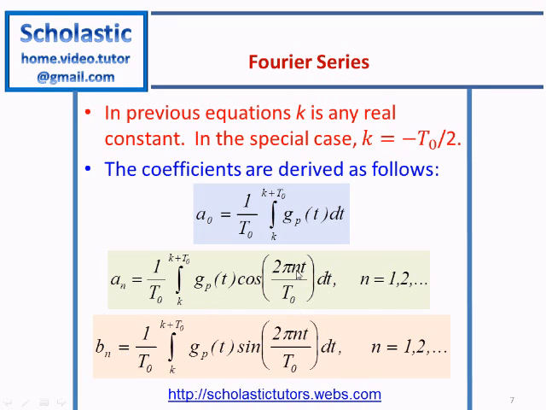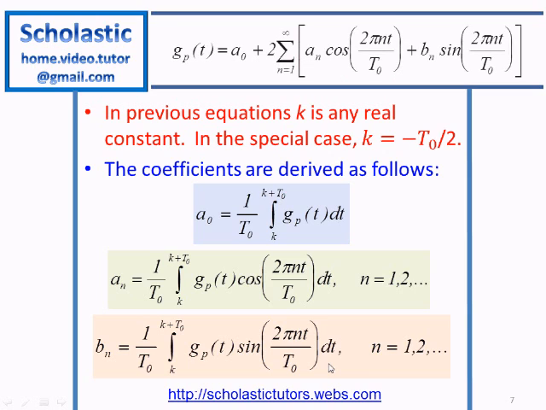And also we can write Bn as 1 over T0 times the integral from k to k plus T0 of g_p(t) sin(2 pi n t over T0), where T0 is the period of this signal. The values that you get here are the values that we saw earlier in the expression for g_p(t): A0, An, and Bn. So once you calculate A0, An, and Bn, we can write an expression for g_p(t).